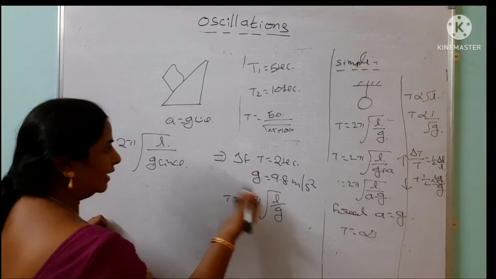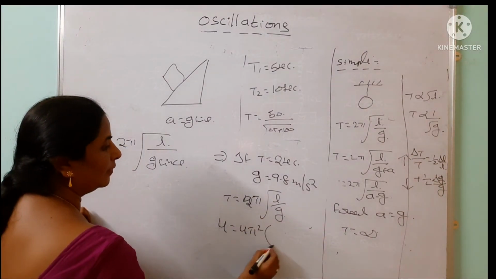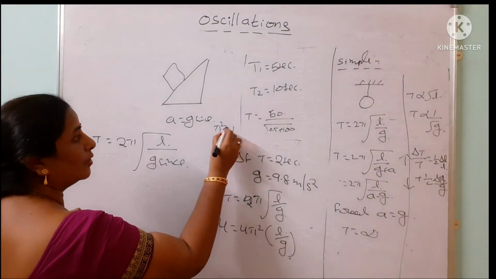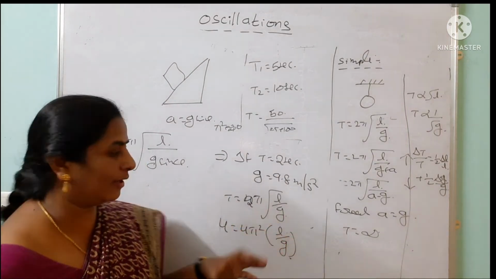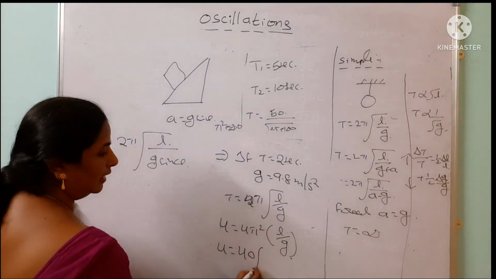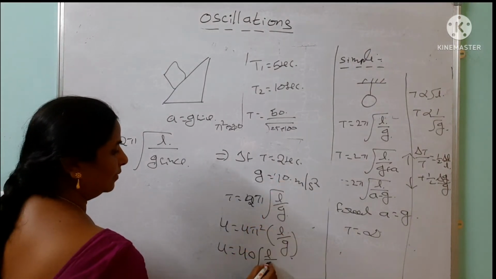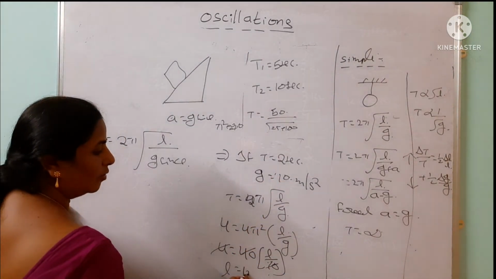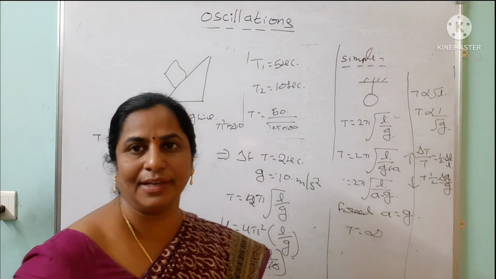So taking the square on both sides, here 4 pi square l by g. Remember the shortcut that pi square is approximately 10. 3.14 into 3.14 is approximately 10. See, look here, 4 into 10 equals 40 into L by g, and g value we also take as 10, easily we can do that. Here 10, here 10. So L equals how much? 1 meter. So depending on the situation, you can deal and use these formulas.